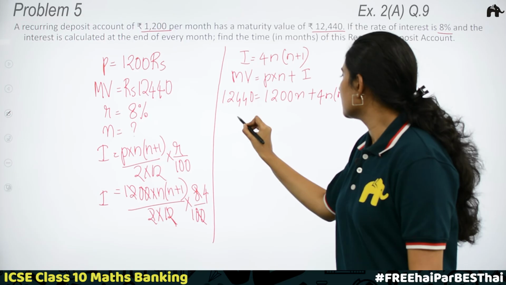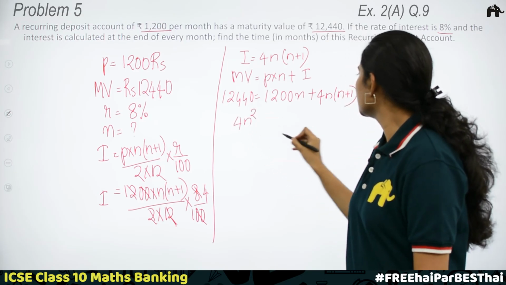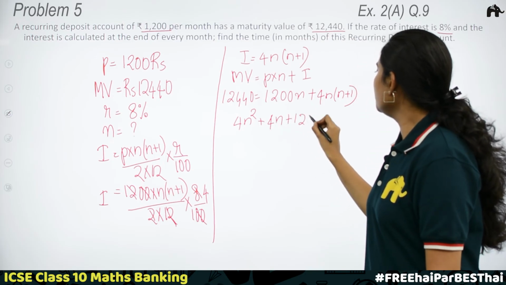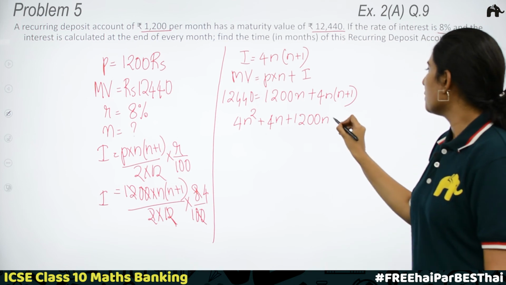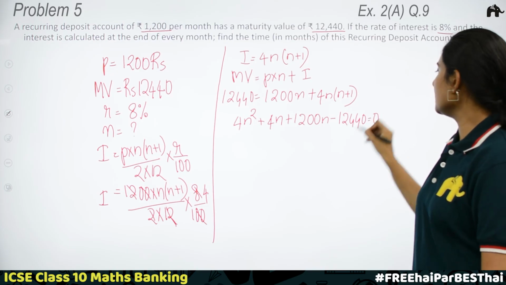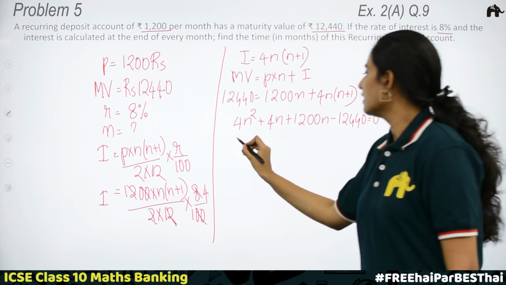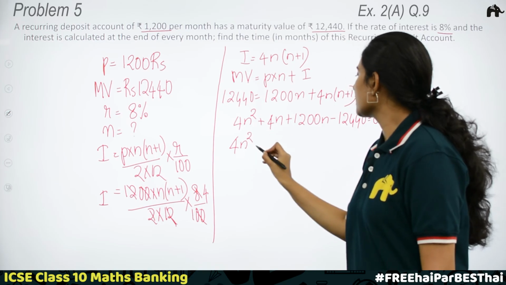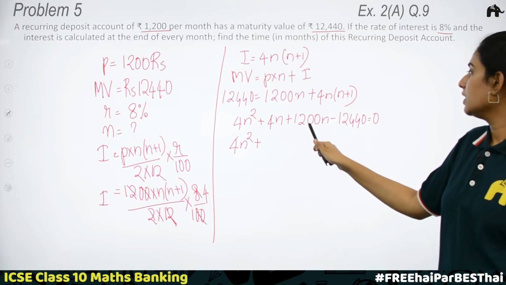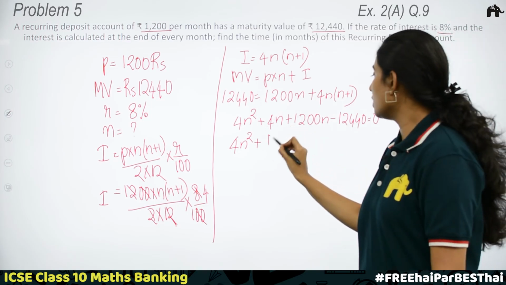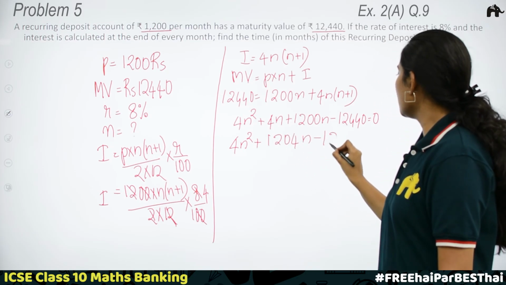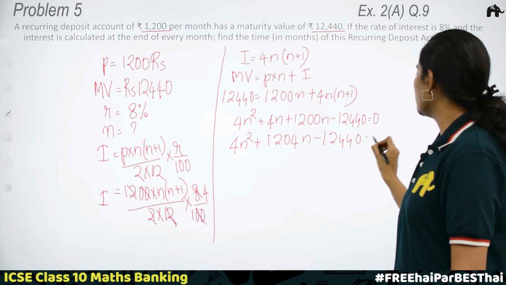This can be written as 4n square plus 4n plus 1200n minus 12,440 equal to 0. Just rearranging the terms: 4n square plus 1200 plus 4, that is 1204, n minus 12,440 equal to 0.